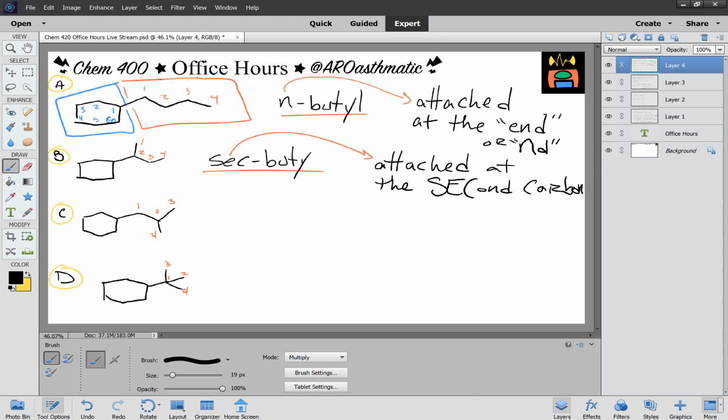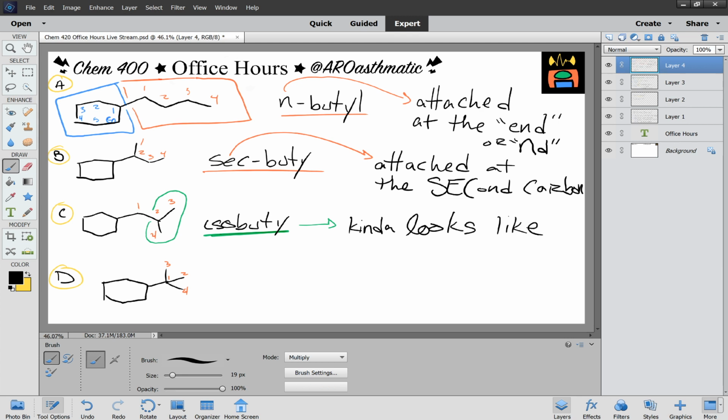The third one, letter C, is isobutyl. How I remember it's isobutyl is because to me, it kind of looks like isopropyl. So that's how I remember that name.